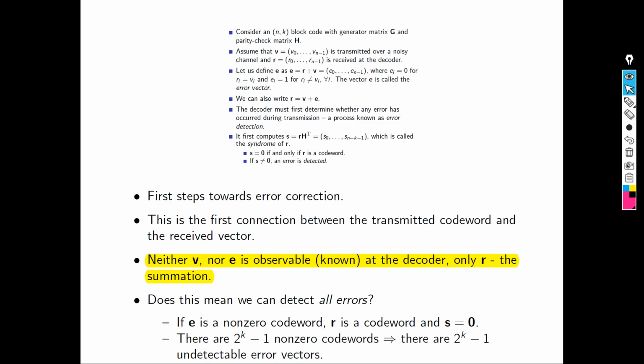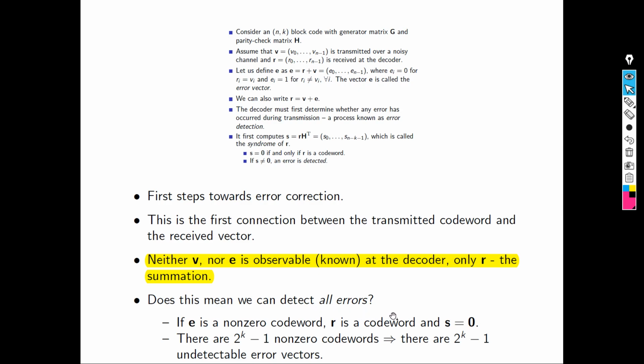Only R is known, which is the summation of both V and E. And this is why we need decoding, and it's a little bit more difficult than modulation and the other processes, because you have the summation of two vectors, and from this summation you need to determine what was the vector V, the code word.